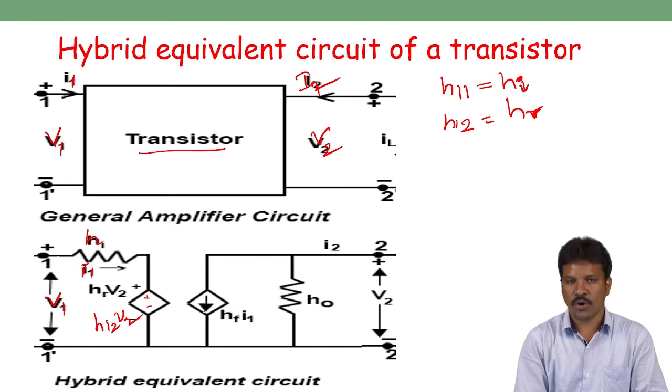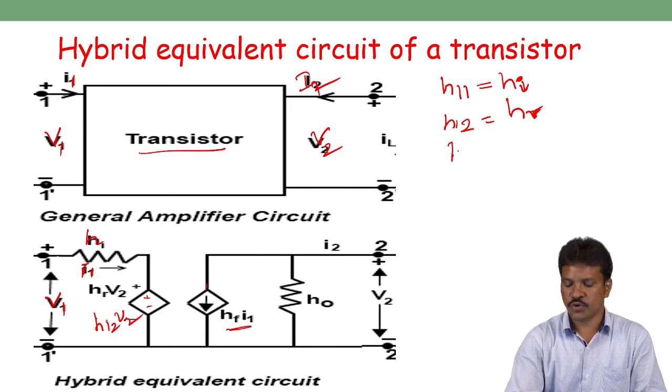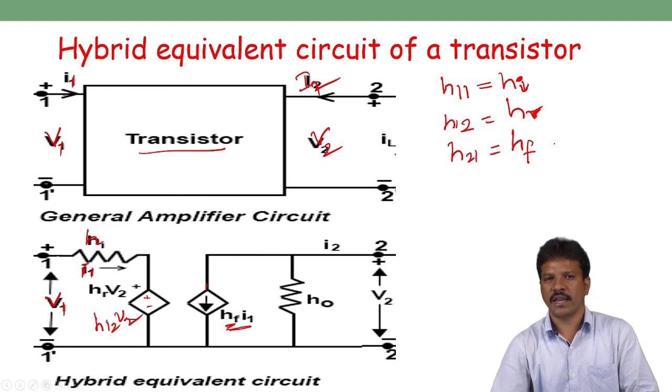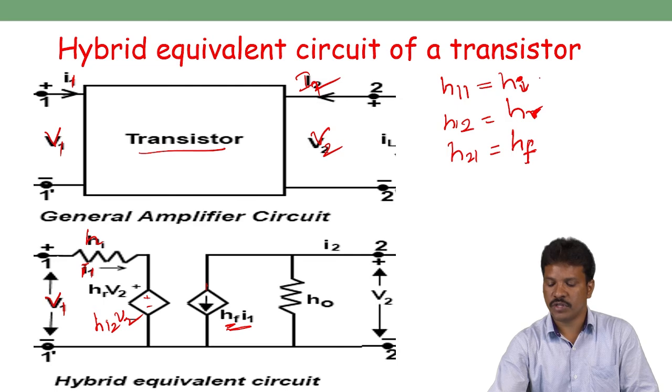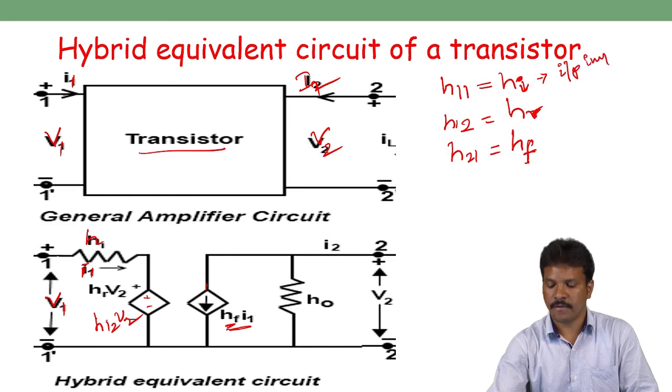Coming to the output side of the H parameter model, the current source is H21, which is represented as Hf. Hf is the forward current gain, represented with a small f. H11 is represented as the input impedance, and Hr represents the reverse voltage gain.